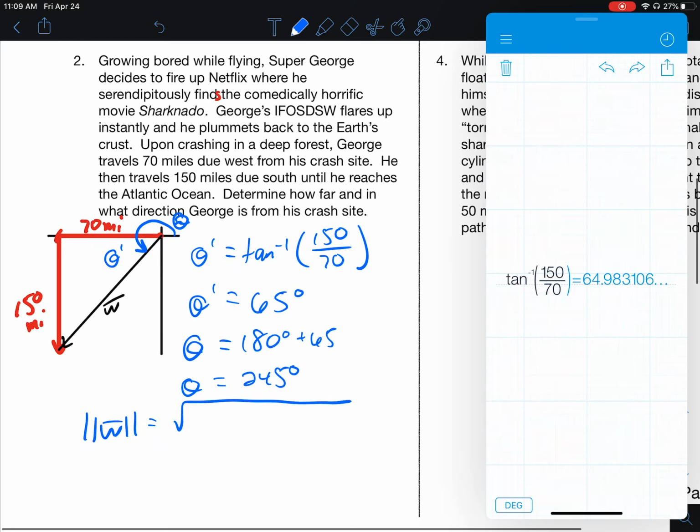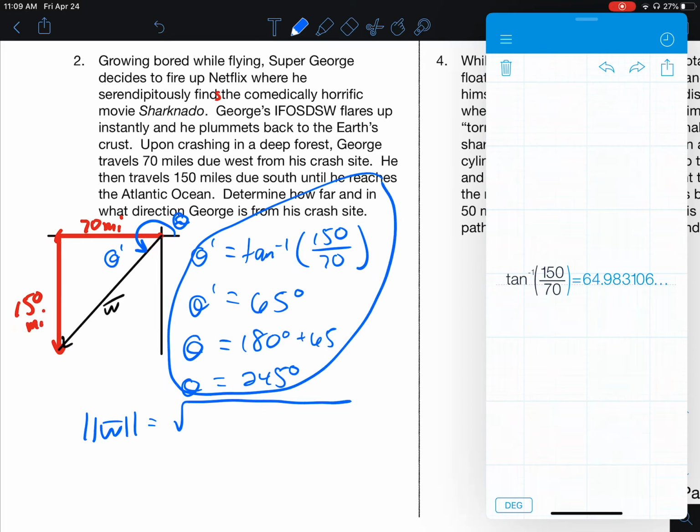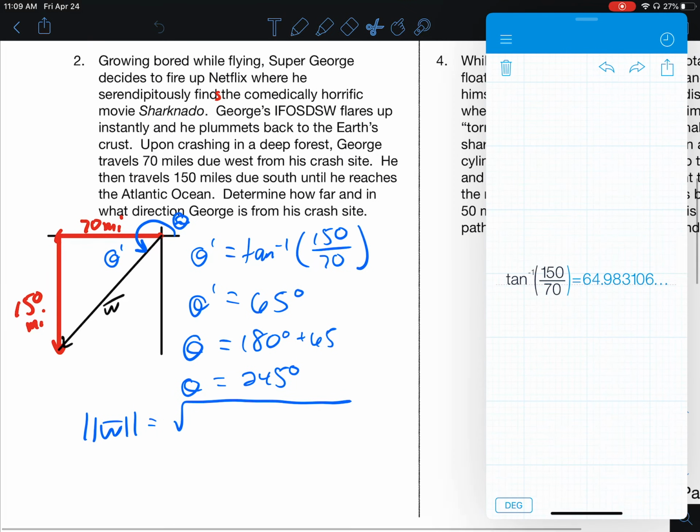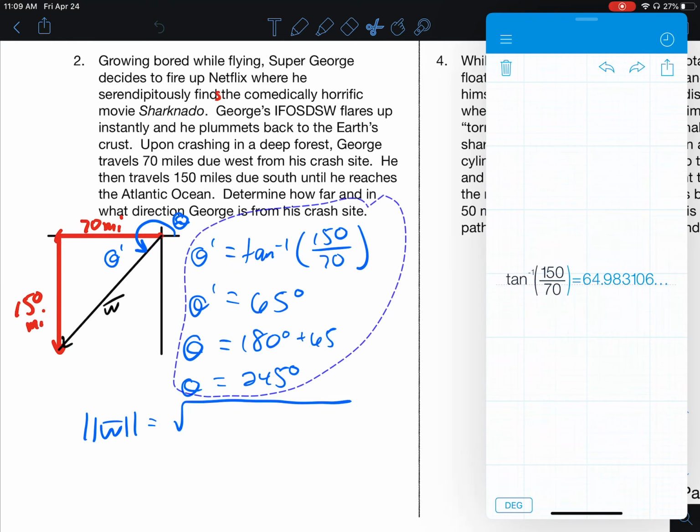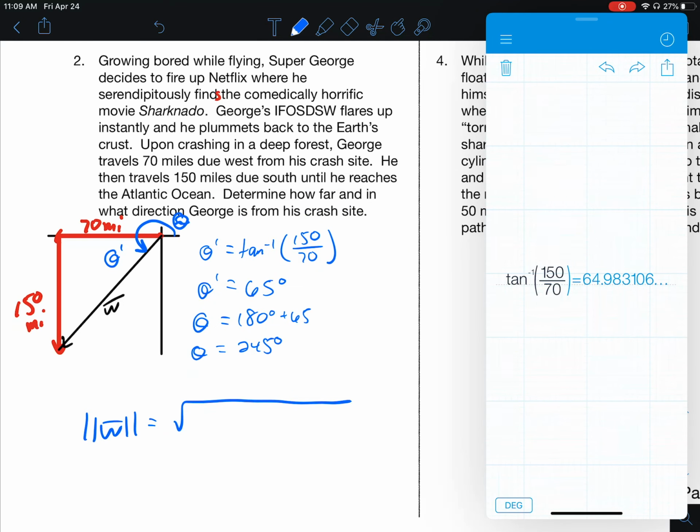The magnitude is going to be the square root. Whoops, we're using the Pythagorean theorem here once again. It's going to be the x direction squared. Once again, this x direction and the y direction are technically both negative because we're going left and down.